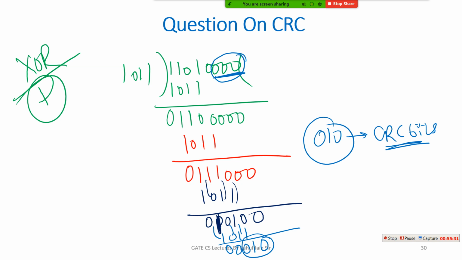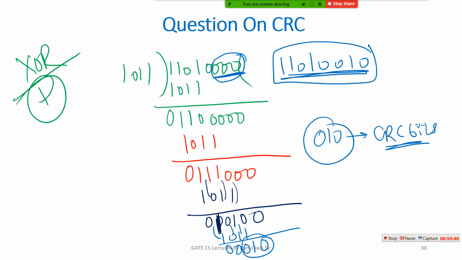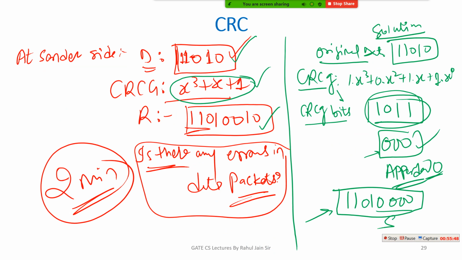So just match this data with the data which the sender has sent. The sender sent 1 1 0 1 0 0 0, and in the question itself it is written that the receiver has received 1 1 0 1 0 0 1 0. And what will the sender send? The sender will send 1 1 0 1 0 0 1 0.